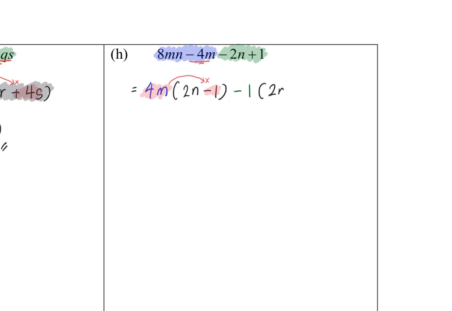I will have my 2n minus 1, because again, if I were to expand out, I should get back my positive 1. Negative 1 times negative 1 is positive 1. And from here, I could then get that 2n minus 1 is my common factor, and I'm left with 4m minus 1.